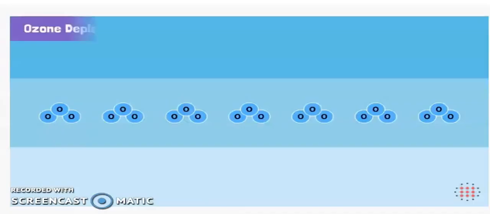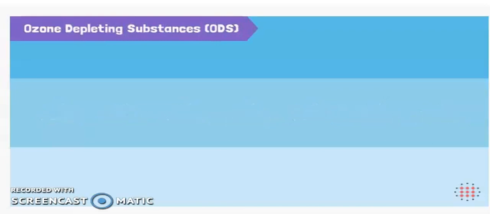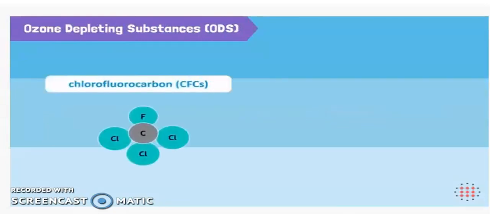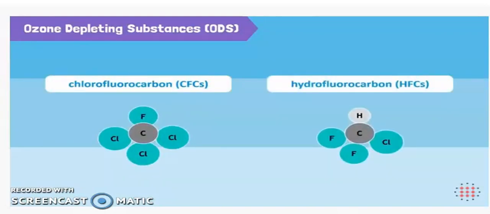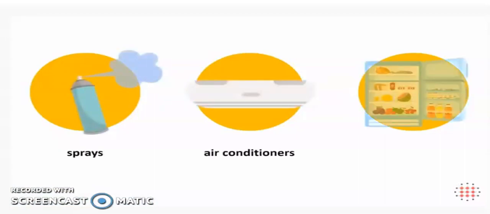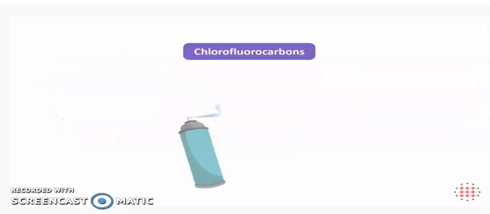The depletion of the ozone layer is mainly caused by chemicals like chlorofluorocarbons or CFCs, hydrofluorocarbons, and other ozone depleting substances. These chemicals are mostly found in sprays, refrigerants used in air conditioners and refrigerators, and plastic products.